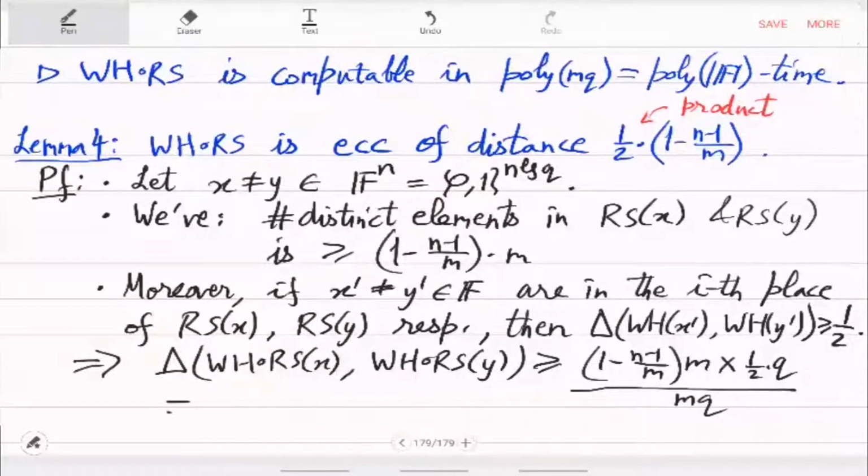So, you get 1 minus (n minus 1) by m times half, as claimed.